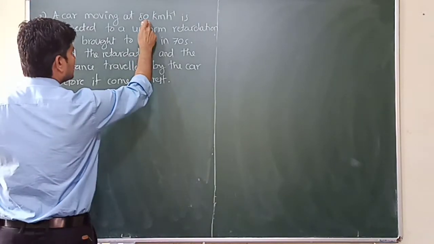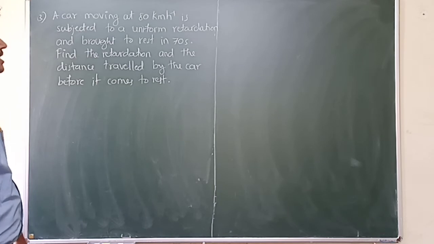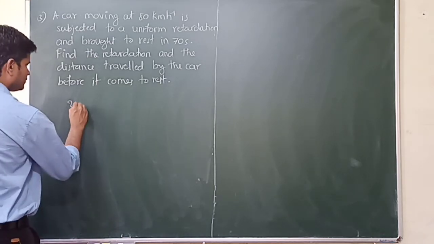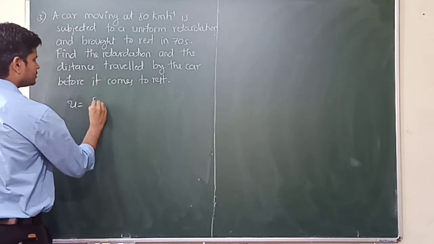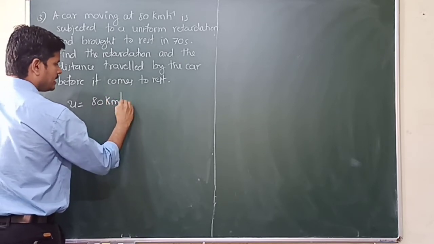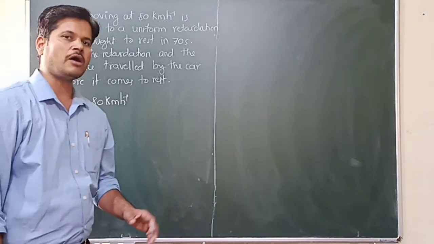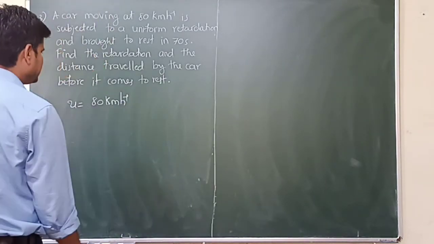First, convert this car's initial velocity u. U is how much? 80 kilometer per hour. Convert this in terms of meter per second.